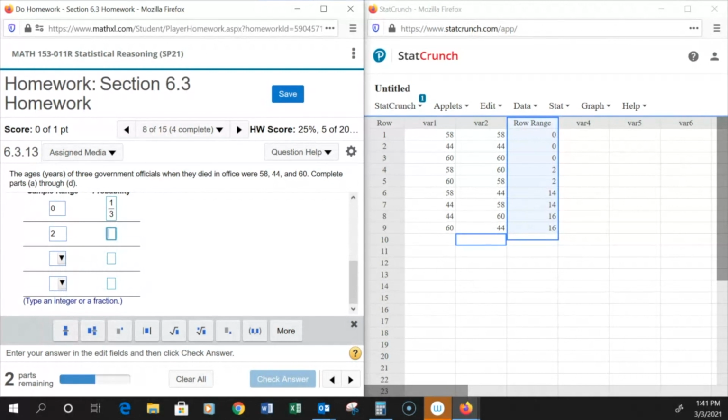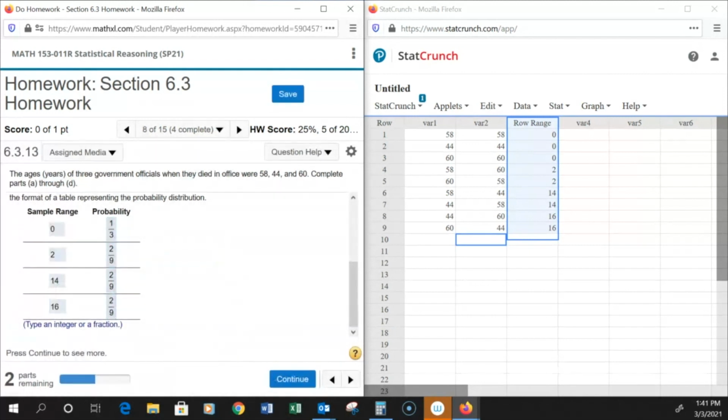And there are 2 2s, so 2 out of 9. Next value is 14. There are also 2 14s. And the last value we have as a range is 16. And there are 2 out of 9 16s.